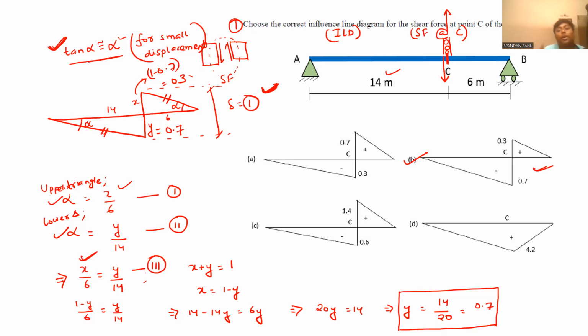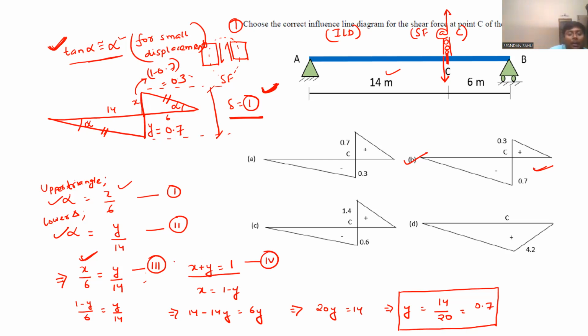Now, from the Muller-Breslau principle, in step 1 you have to remove that stress function for which you need to draw the ILD. Second, you have to give unit lift, so delta equals 1. If delta equals 1, then this plus this should be equal to 1. So equation 4: x plus y equals 1.